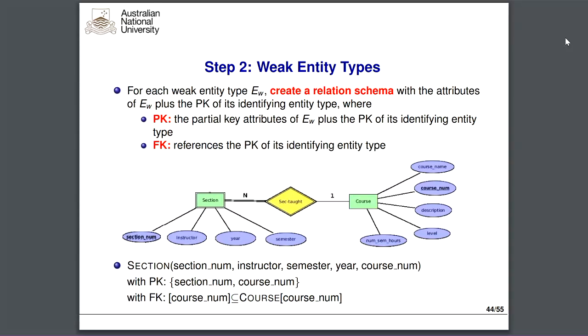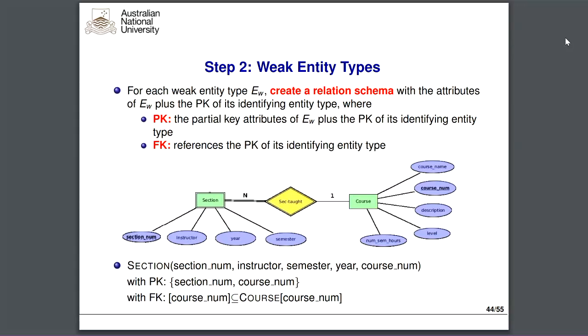Like you are in a lab session, maybe you are taking another course, you are in a different lab session, and this lab session has to be combined with the course number to uniquely identify this tuple, right? So in this case, for weak entity types, we usually need to have two pieces of information: inside this section, you have the section number and then the course number combined together. So now the primary key is the section number and the course number.